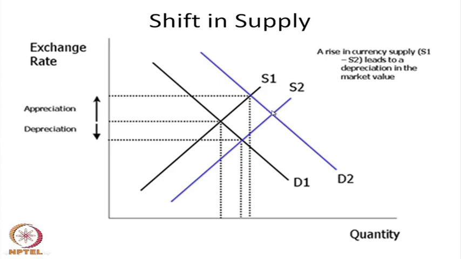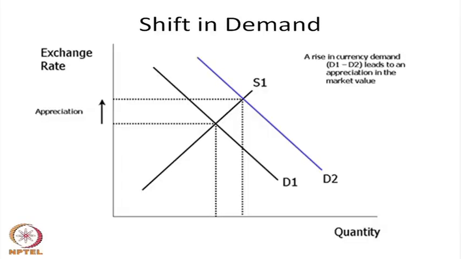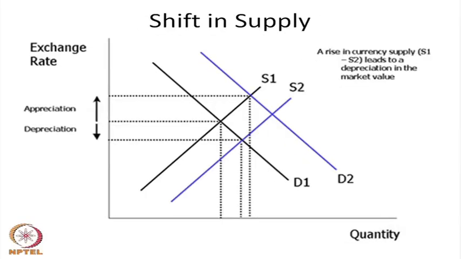So, what does it mean? It means that with an increase in demand for foreign currency, if supply remains constant, there is appreciation in the value of foreign currency and depreciation in the value of the domestic currency. If there is more supply of foreign currency and demand remains constant, the domestic value of the currency will appreciate in the international market.